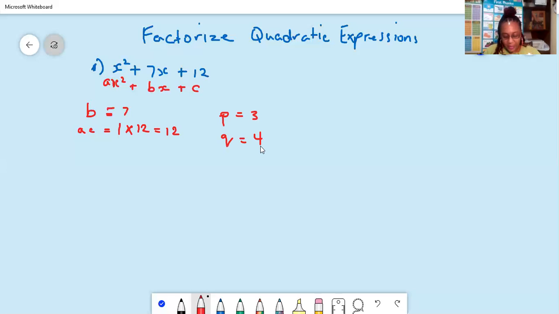So now let's rewrite it. This is how we're going to rewrite it. We're putting back our x squared plus, and we have now replaced bx with px and qx.